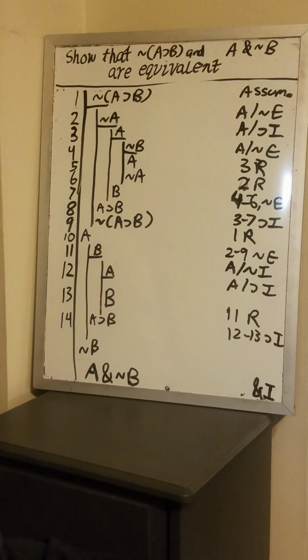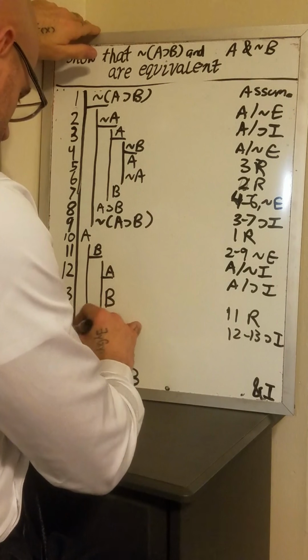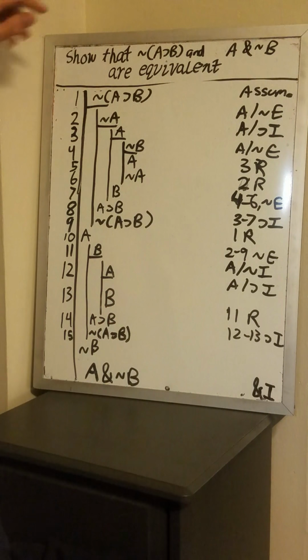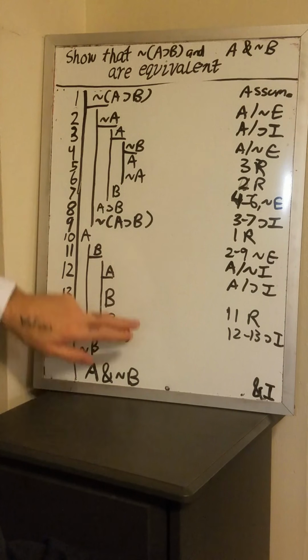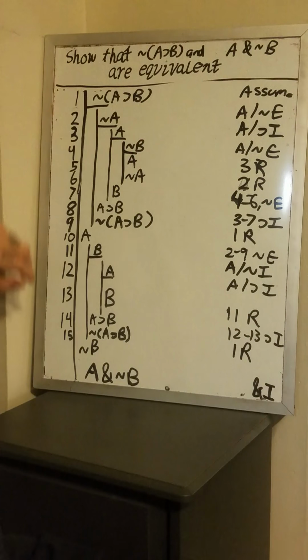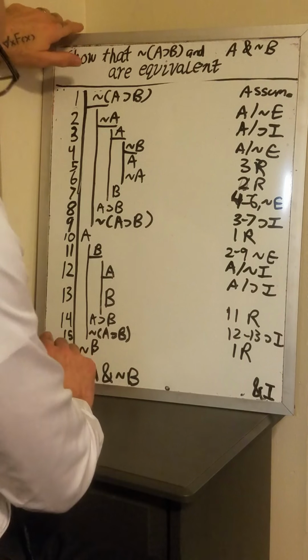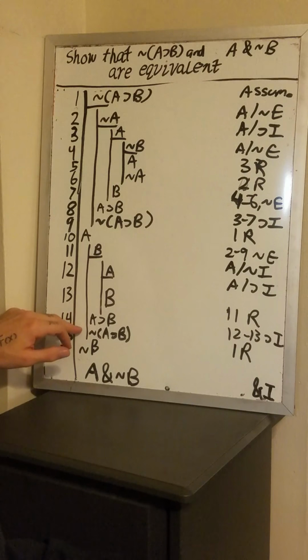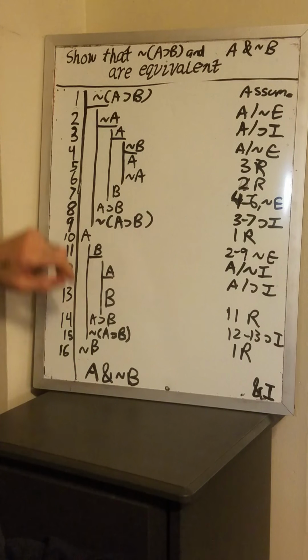So once again, we reiterate line 1 down there. And we have our contradiction between lines 14 and 15. Line 15 is just reiteration of line 1 again. Line 16, we can close out this subderivation, and B got us into a contradiction, so we can conclude not B. Negation introduction, lines 11 through 15.